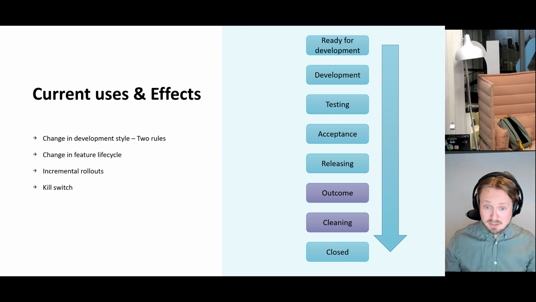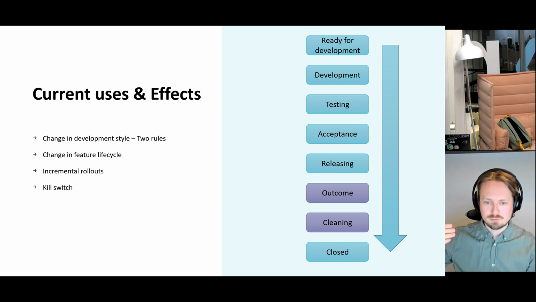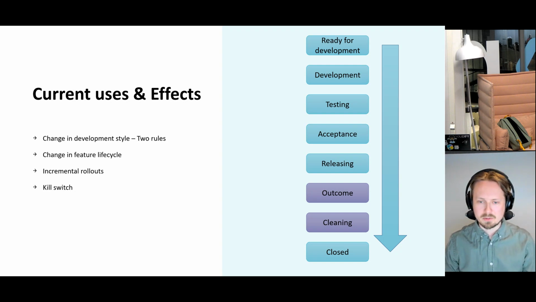So we implemented kill switches. For us, it was kill switches based on regions. So we wanted to be able to maybe cut off all traffic for Sweden for this new microservice and go back to the old flow.